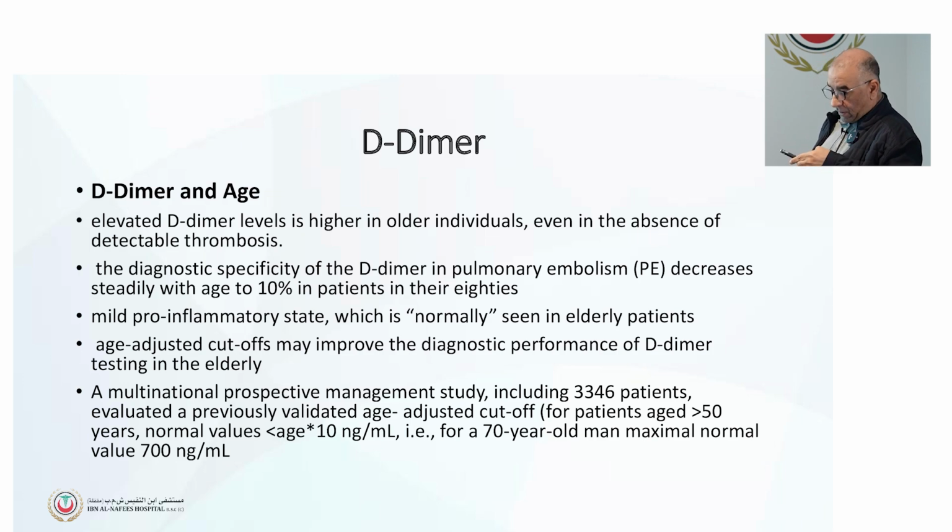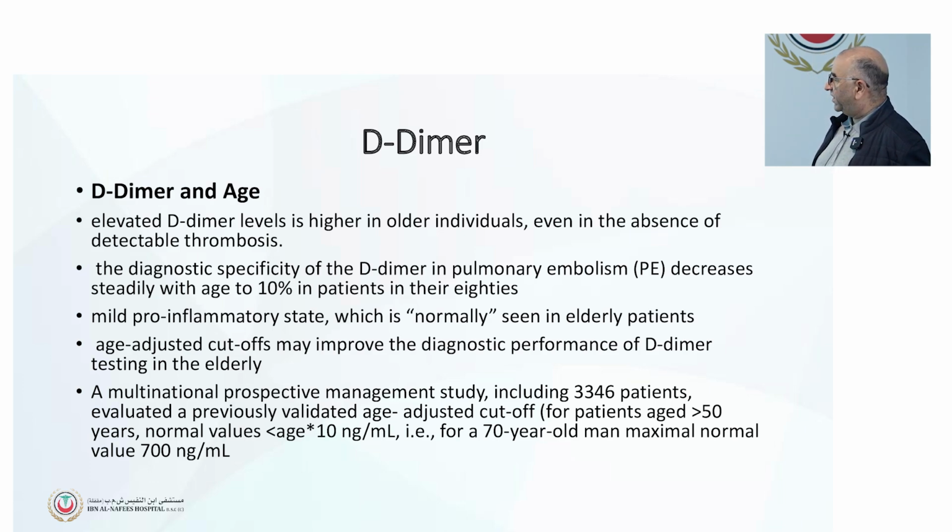D-dimer is elevated in older individuals, even in the absence of detectable thrombosis. The hypothesis behind this is that aging is a pro-inflammatory state, which is normally seen in elderly patients. Diagnostic specificity falls to even less than 10% in people when they reach their 80s. For that reason, it is advisable to report an age-adjusted cutoff to improve diagnostic accuracy to detect thromboembolism in the elderly.